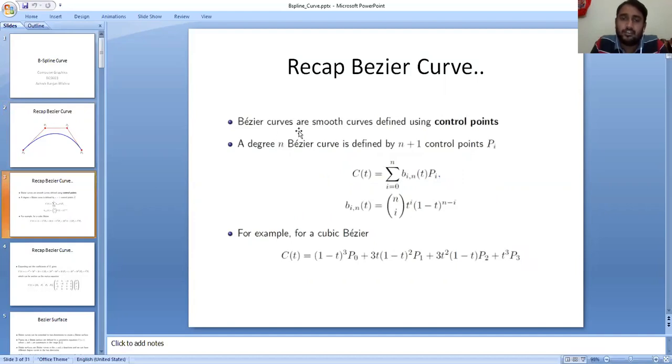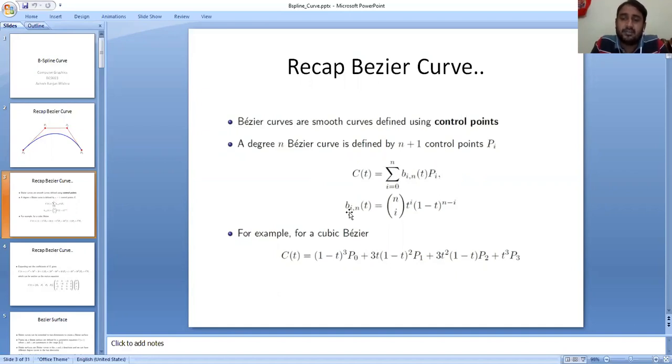I've already told you that Bezier curves are smooth curves defined by control points. A degree n Bezier curve is defined by n plus 1 control points Pi. So the Bezier curve can be defined as C(t) equals summation of i equals 0 to n, B_i,n(t) Pi, where B_i,n is the Bernstein polynomial and Pi is the control point.